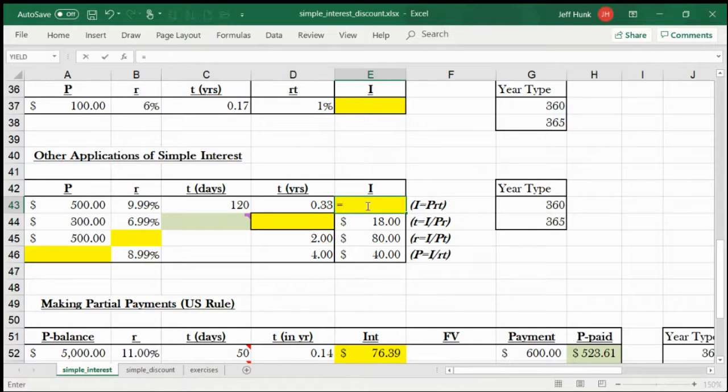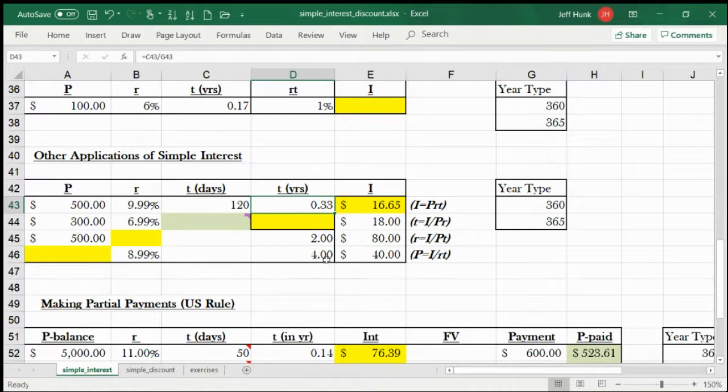Interest is principal times rate times t, right? There you go. And t is already converted into years. 120 days is exactly 0.33333, it goes on forever, right?